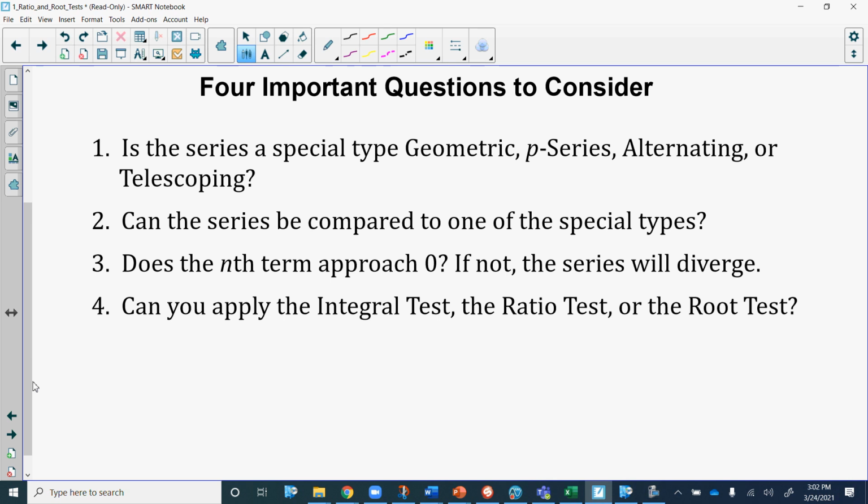The nth term test is one of the easiest things to check for divergence. Remember, if the limit is going to be anything besides 0, that's an easy way to see that something is going to diverge. Can you apply the integral test, the ratio test, the root test? The integral test is probably my personal least favorite type of test to do, but it is possible. If we need to do it, we can do it.